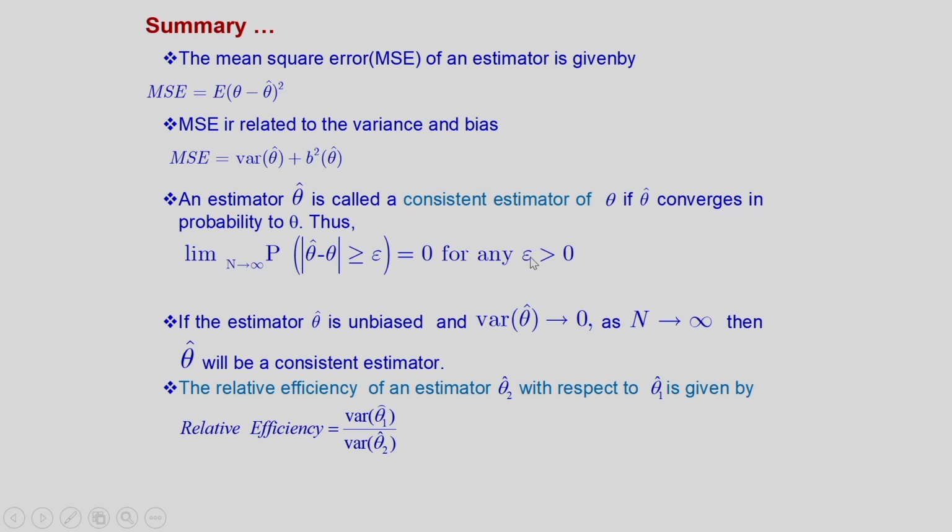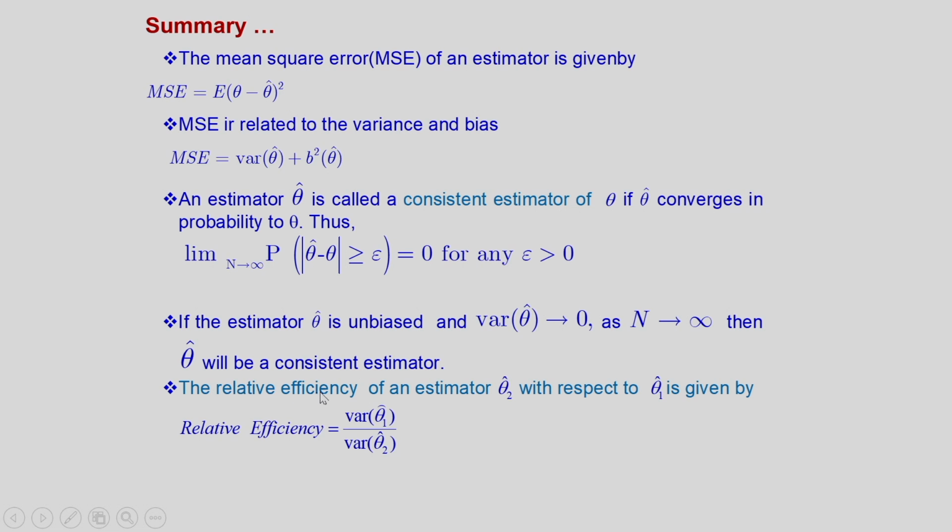So, if the probability of this deviation goes down to 0 as n tends to infinity, then the estimator will be consistent. If the estimator theta hat is unbiased and the variance of theta hat goes down to 0 as n tends to infinity, then theta hat will be a consistent estimator. This is a test for the consistency of an unbiased estimator: the variance of theta hat should go down to 0 as n tends to infinity.